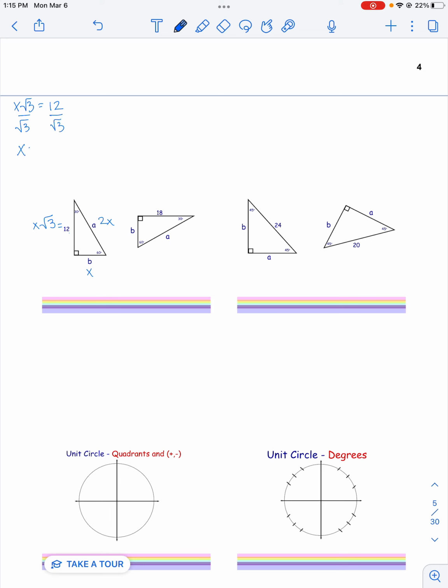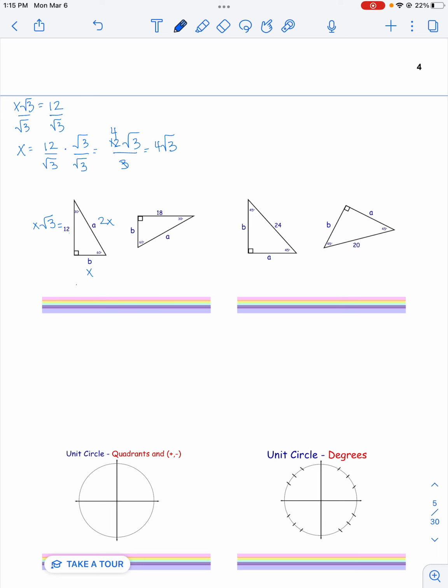Now, it's not enough to just say x equals 12 over the square root of 3. I need to rationalize that denominator, which means multiply by square root of 3 on both the top and the bottom. So then x is equal to 12 square root of 3 over, well, square root of 3 times the square root of 3 simplifies to 3. Now I can cancel the 12 and the 3 to get 4 square root of 3. So x is equal to 4 square root of 3.